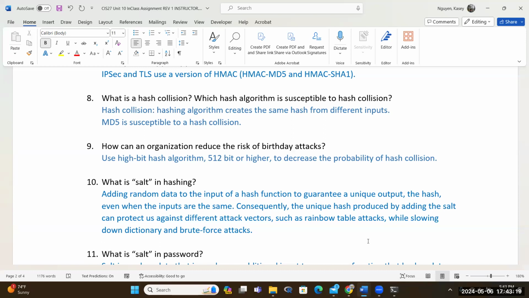And salting is very similar to salting a password, right? When we salt a password, we're simply adding some bits into the password length, making it confusing for someone to crack the password. Similar to that, we would salt the hash by adding random data. Think of it like stuffing it in various parts of the hash key.